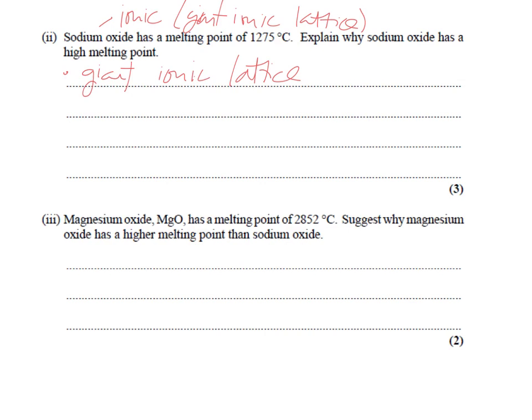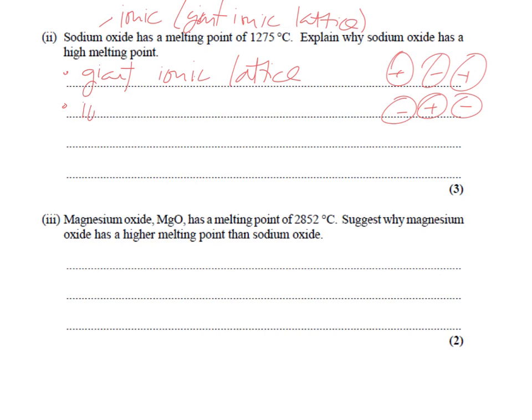And within that lattice, you've got alternating positive and negative ions. It's actually 2 minus ions, but I'm just drawing this quickly. And what keeps that lattice together are the forces between the positive and the negative ions. And you need to comment on those.